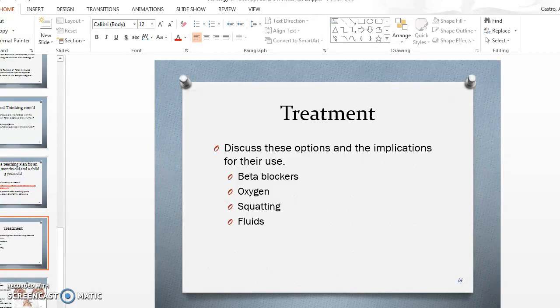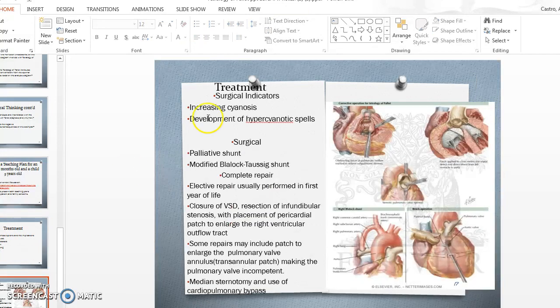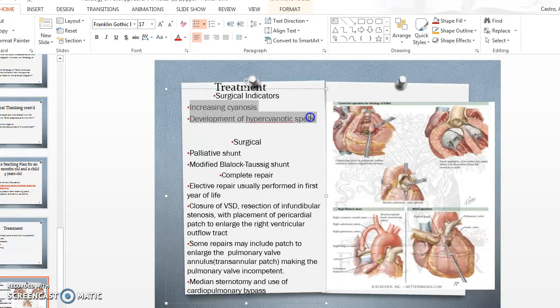And then fluids just to help increase the systemic pressure. Beta blockers, sorry, I skipped over those, are just to help improve the contractility of the heart and slow the overall heart rate.